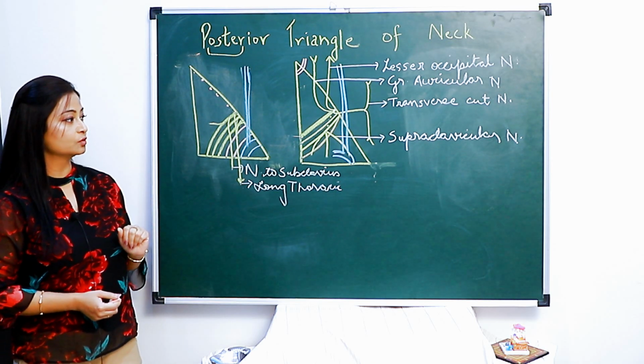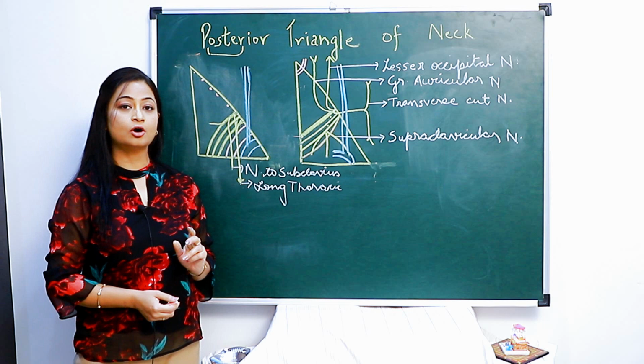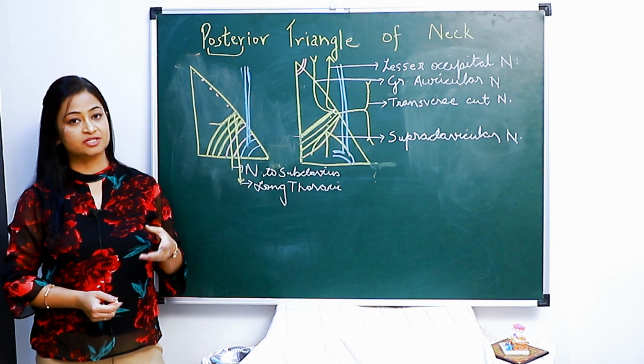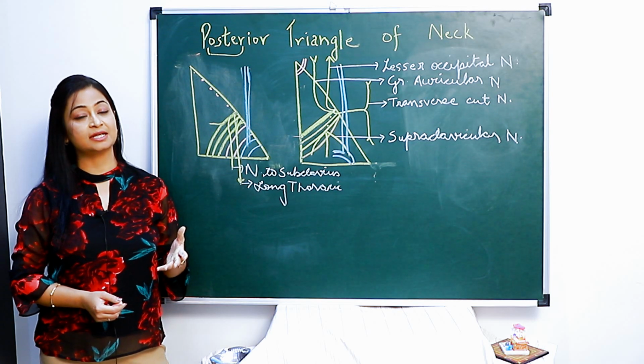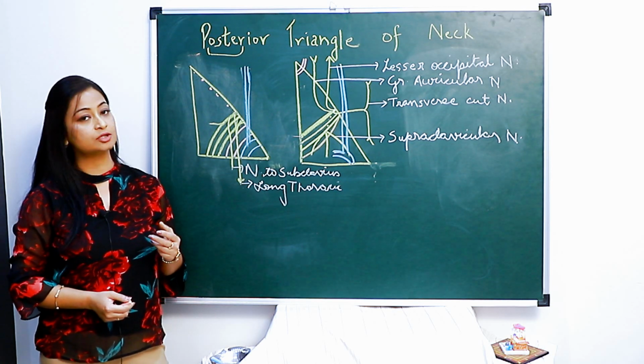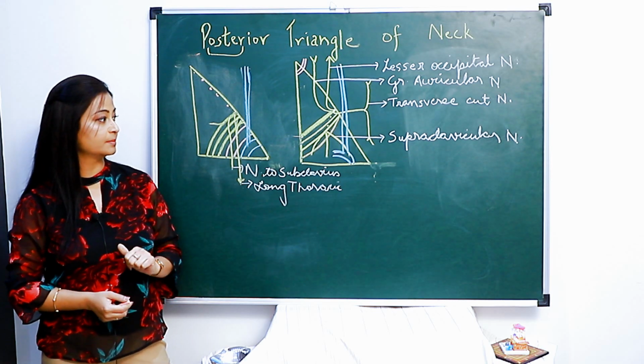These are known as Virchow's nodes or Troisier's nodes, and these are enlarged in gastric carcinomas, carcinoma breast, and carcinomas of the testes, etc. So this is also a clinical point that we must remember.